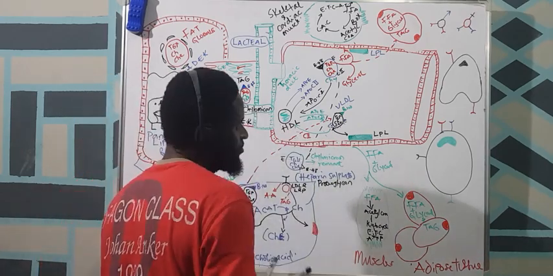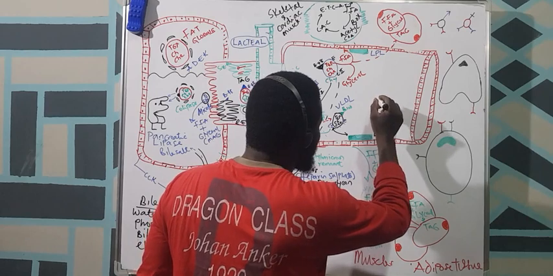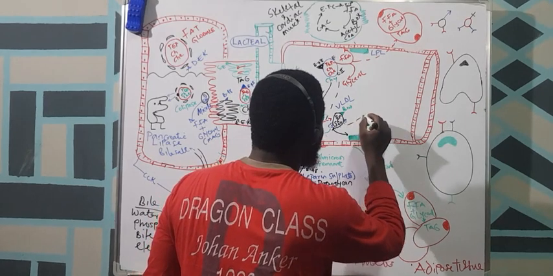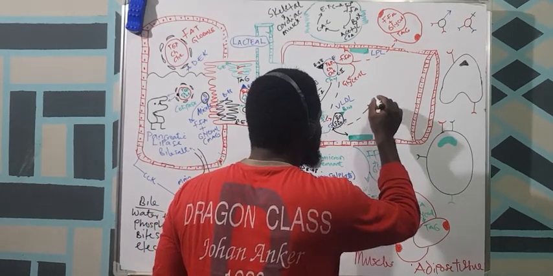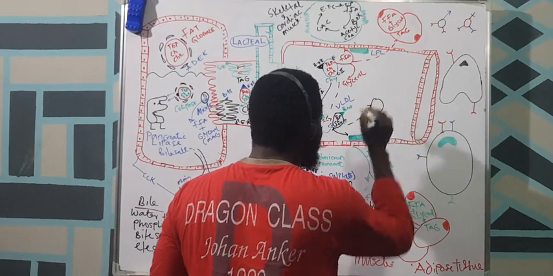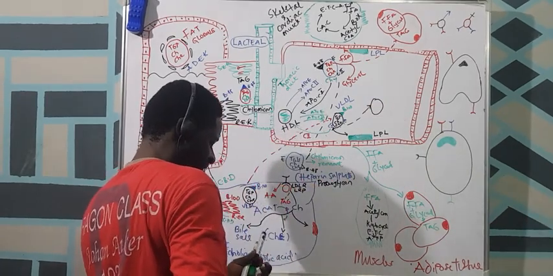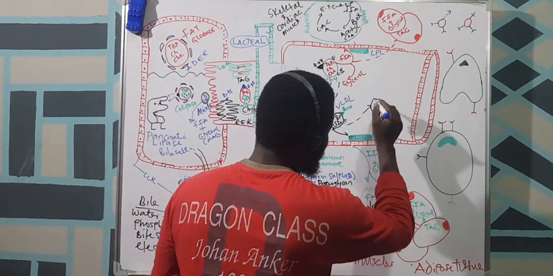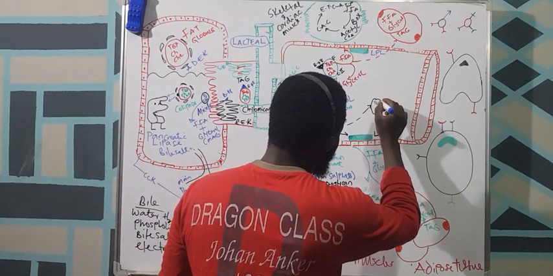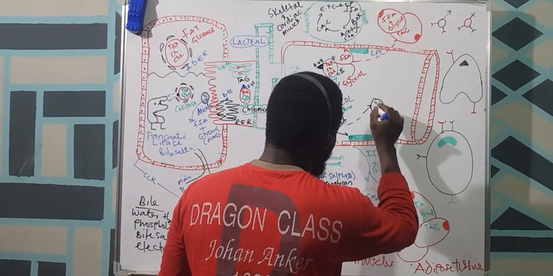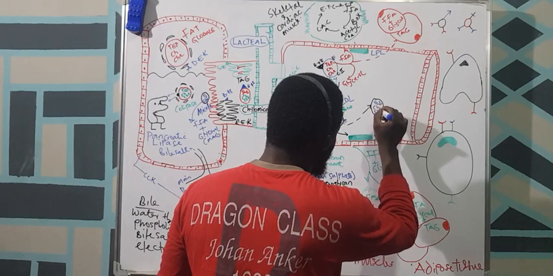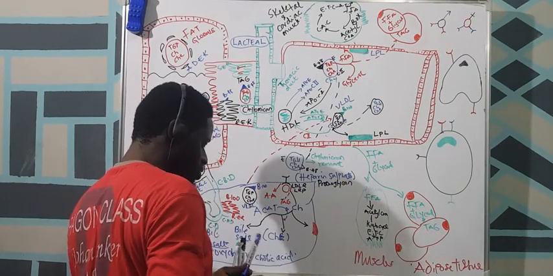Now what do we have? We now have this molecule. I have my triglyceride, low amount. I have some cholesterol and even some cholesterol ester. What is the protein that is associated with it?